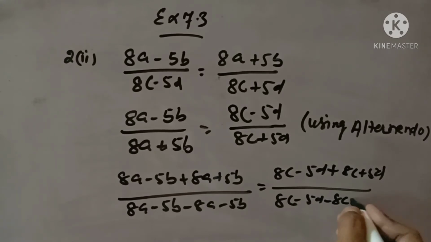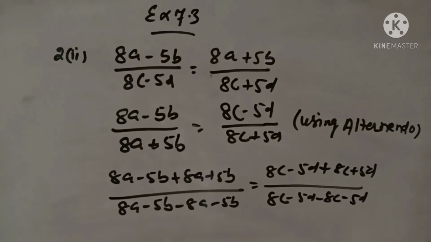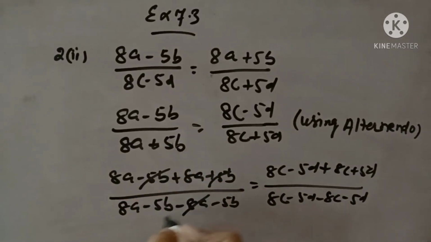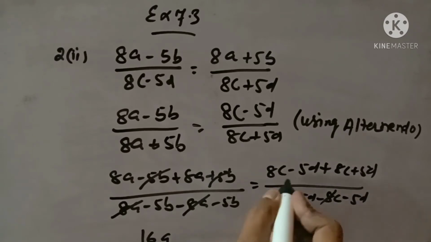Now whatever can cancel, we can cancel it. So this is plus 5b minus 5b, minus 8a plus 8a, plus 8c minus 8c. What is the remaining term? Our remaining terms are 16a by minus 10b is equal to what?